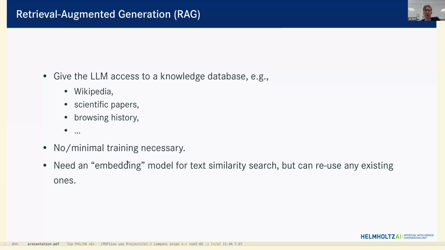You do need a separate model called an embedding model that we use to search for similar text. I will give you an example in a bit on what this means. But the good thing is, if anybody has ever trained an embedding model, and of course people have by now, you can just use this with whatever large language model you have trained for this text similarity search. So let's see how it works in practice, shall we?